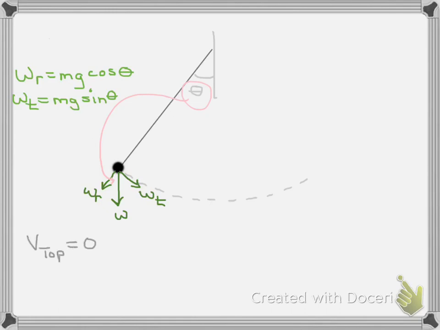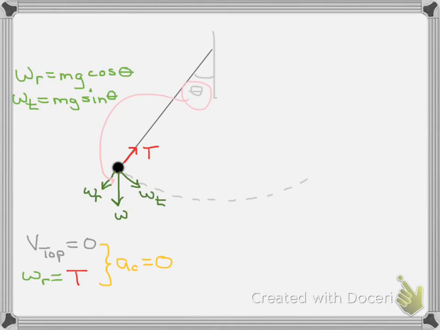Now at the very top of the path, the speed of the pendulum is 0. It has no velocity in that very instant when it gets to the very top. And so the tension force in the string balances the radial component of the weight. They're exactly the same.